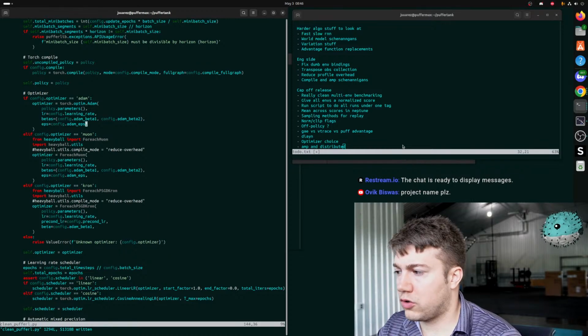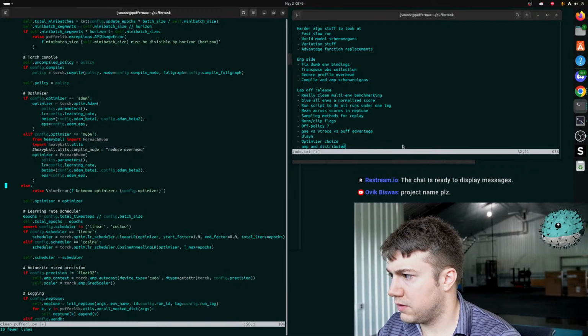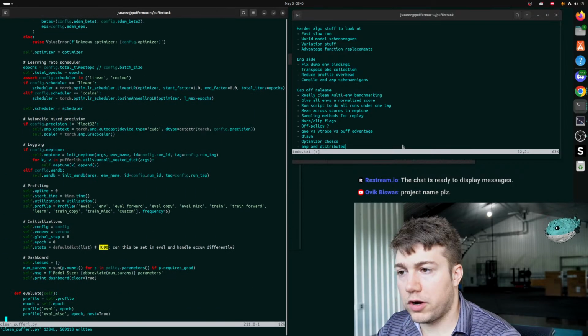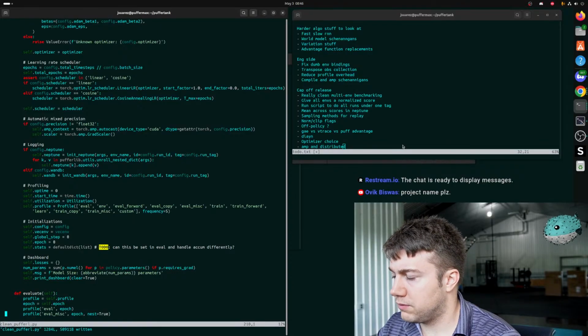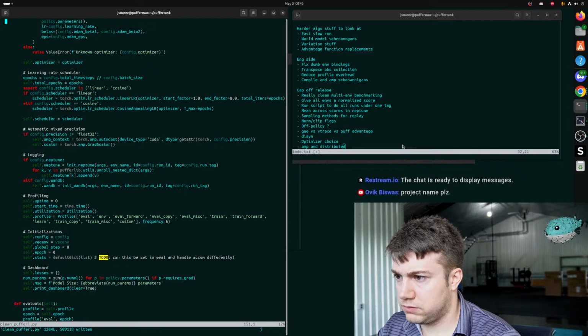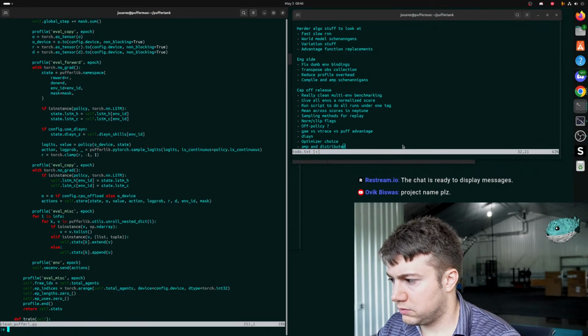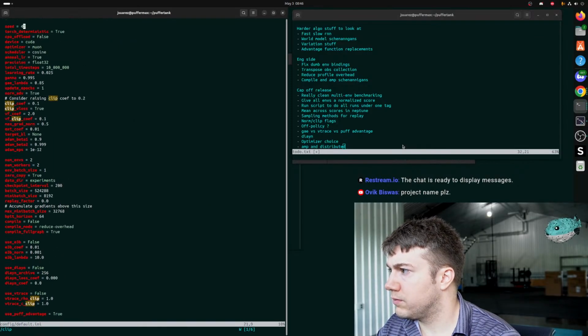The difficult thing here is that some of these we want to run a bunch of experiments on prior to release. There's a clip value loss and there's normalized advantage, these two.